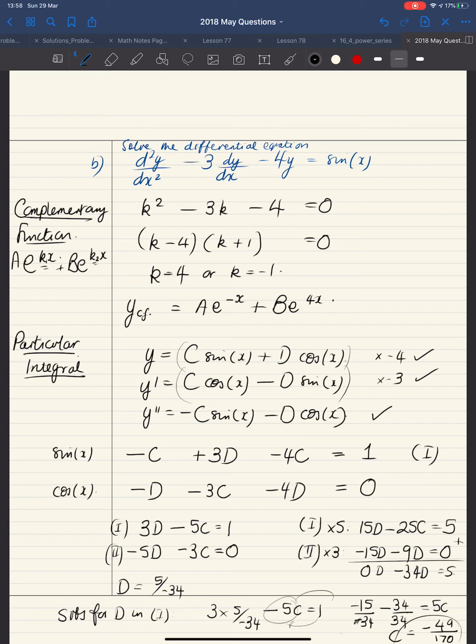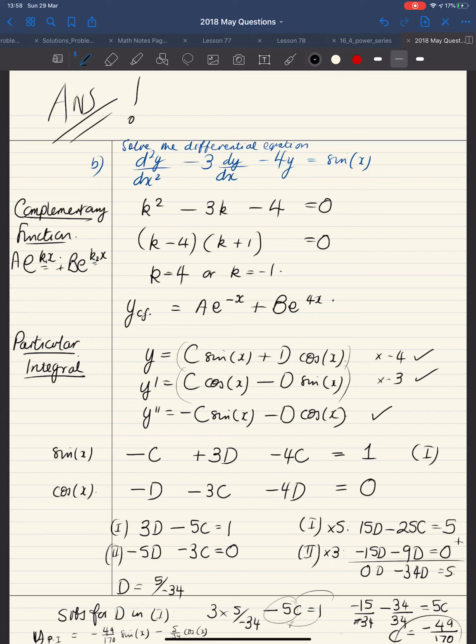So we need to summarise this really. I'm going to write here the answer, which should be at the bottom, but I'll put it at the top. The particular integral is c sine x, which is minus 49 over 170 sin x, plus d cos x, and d is minus 5 over 34 cos x.